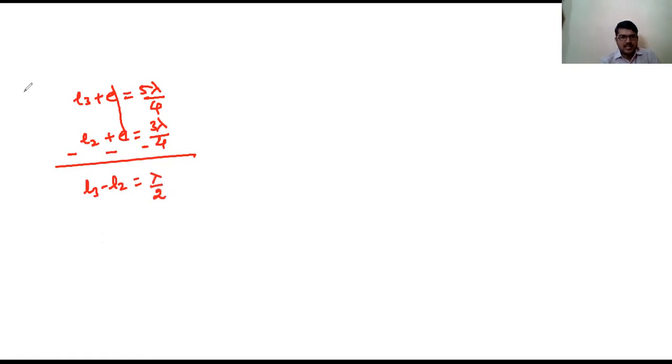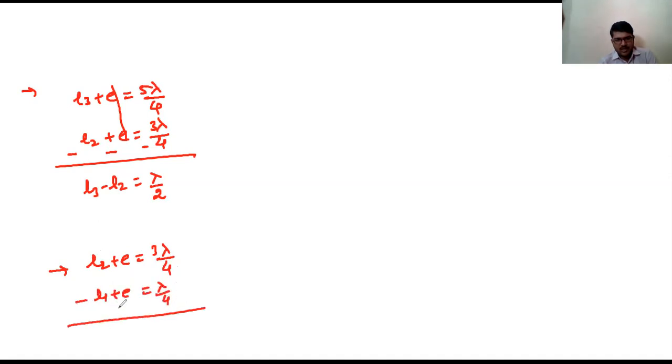And if I subtract L2 plus E, which is 3 lambda by 4, minus L1 plus E, which is lambda by 4, then also you are getting L2 minus L1 is equal to again lambda by 2, right? 2 lambda by 4 means lambda by 2 only.